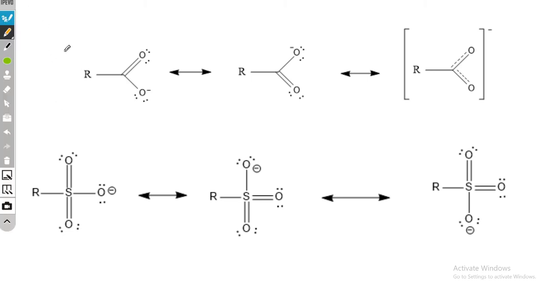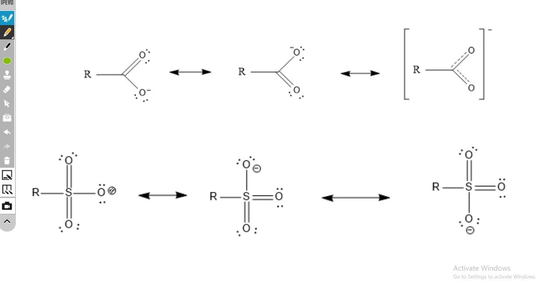Now let us compare the acidity of carboxylic acid and sulfonic acid. As we have already seen, this is the sulfonate ion. The resonating structures are given here. This is the structure of the carboxylate ion. If you compare the resonating structures of these two compounds, you can see that here there are only two resonating structures, in which the negative charge is dispersed on two electronegative atoms.